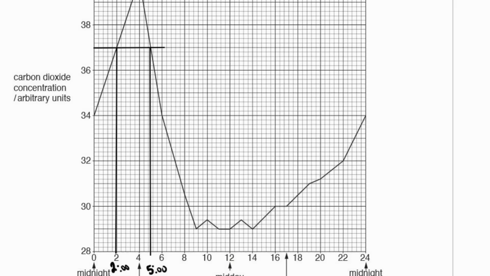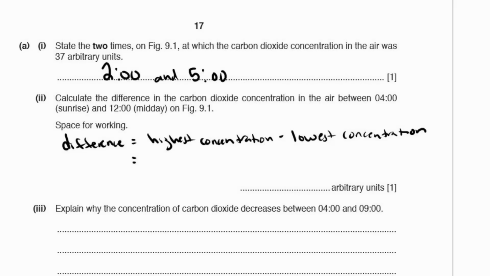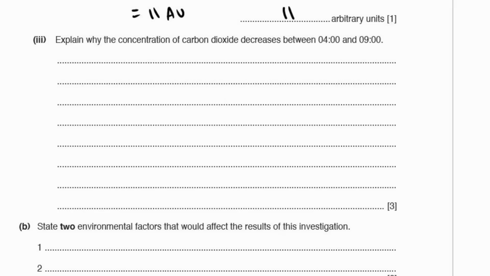At lunchtime, the line goes here, so that is 29 arbitrary units. 40 minus 29. So 40 arbitrary units minus 29 arbitrary units equals 11 arbitrary units. 11, and the units are already in there, so you don't even have to worry about that.